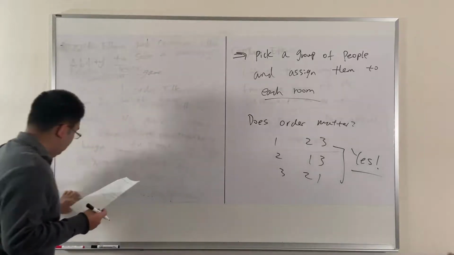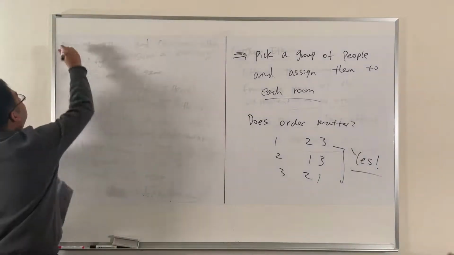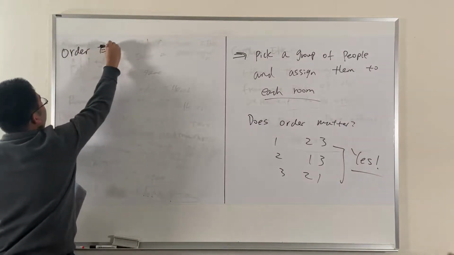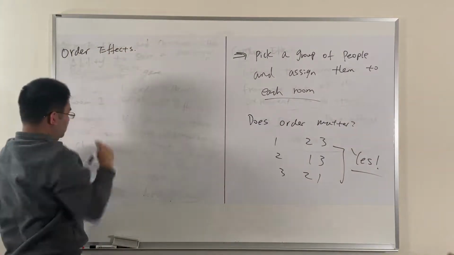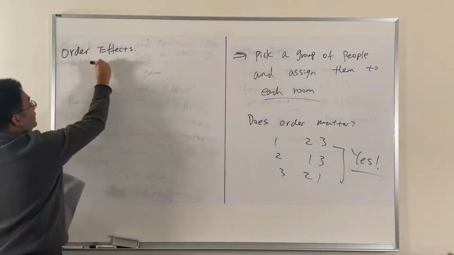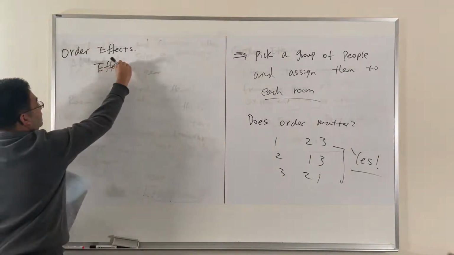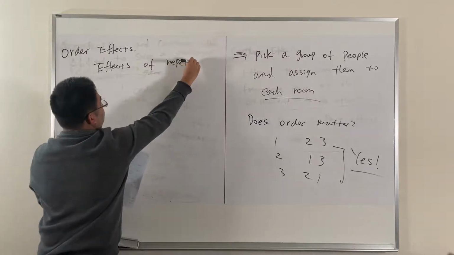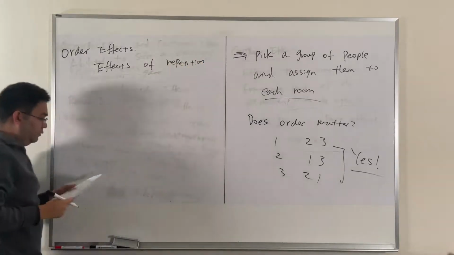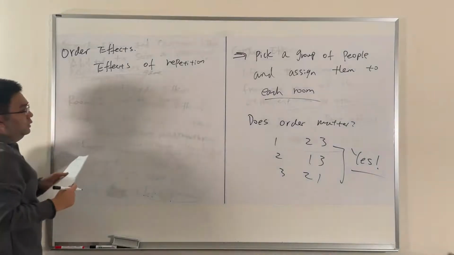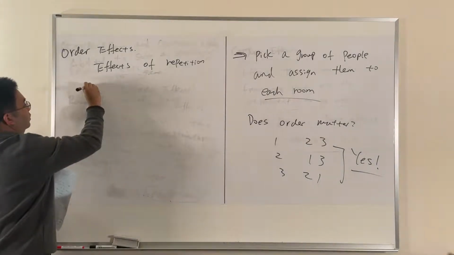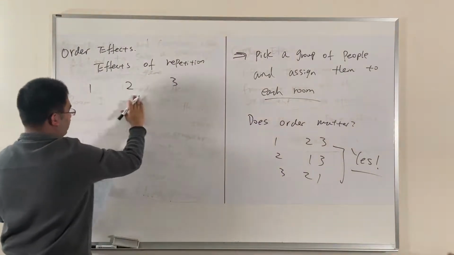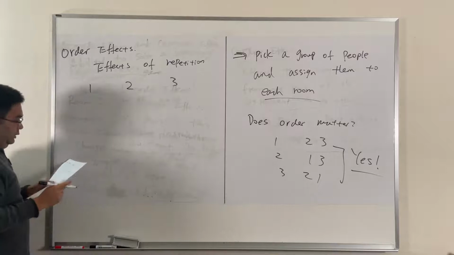Okay, so order effects. What's order effects? A definition is the effect of repetition. Let's say the order you want to put them in is room 1, room 2, and room 3.